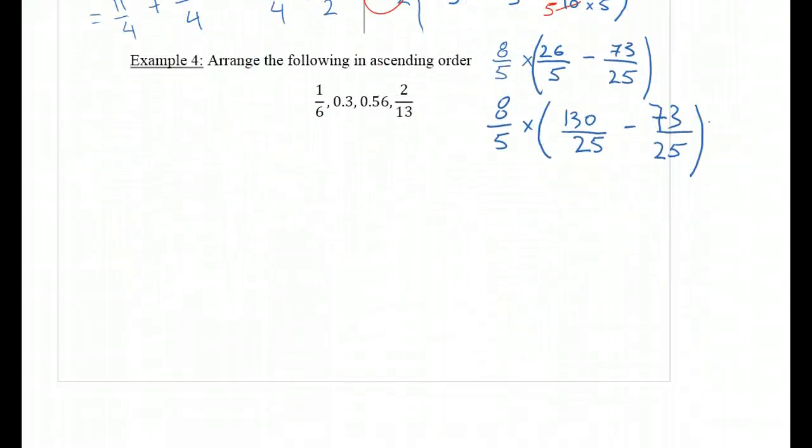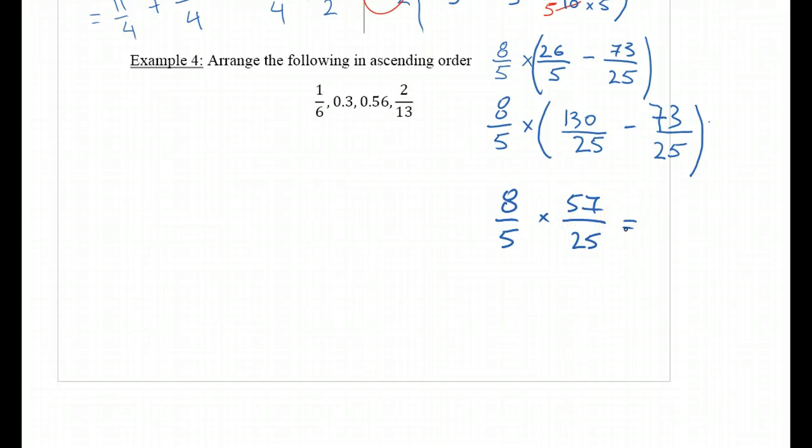All right, look at that, more room. Okay, so that's going to give me 57 over 25. So let me rewrite this, 8 over 5 times. And now I don't need my brackets anymore because I've simplified everything. 57 divided by 25.